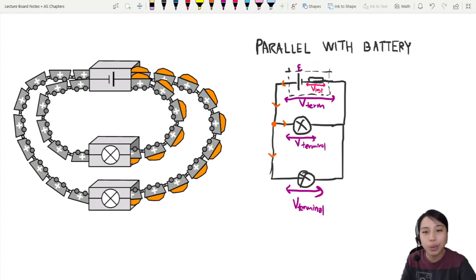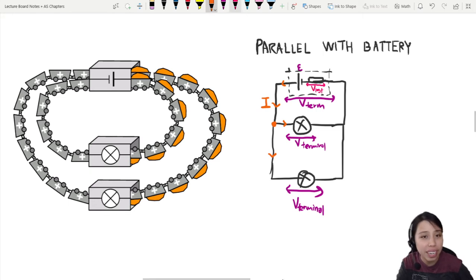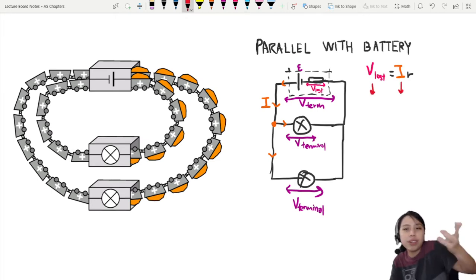And this V terminal will change depending on the current in the circuit, because like the previous video we mentioned, lost volts depend on current, remember? So V lost depends on the current flowing through the battery times the internal resistance. So for example, if your current is very small, then the lost volts will decrease. That's the relationship of it.